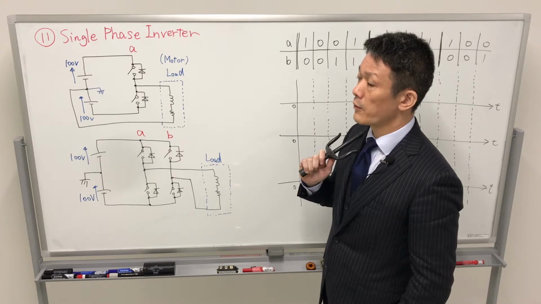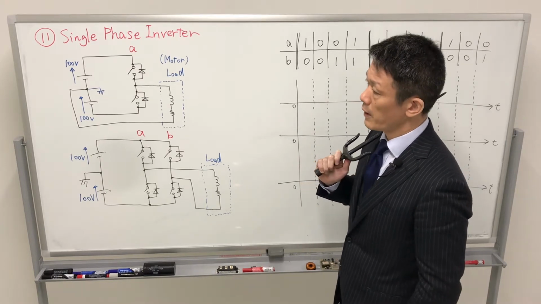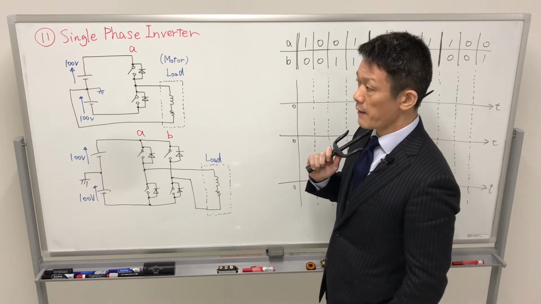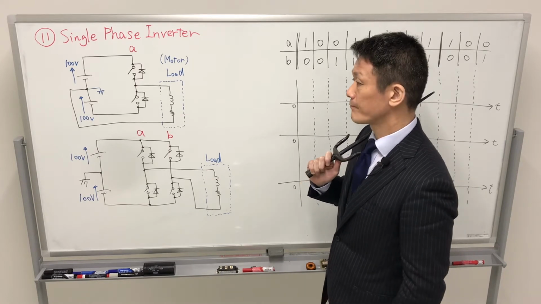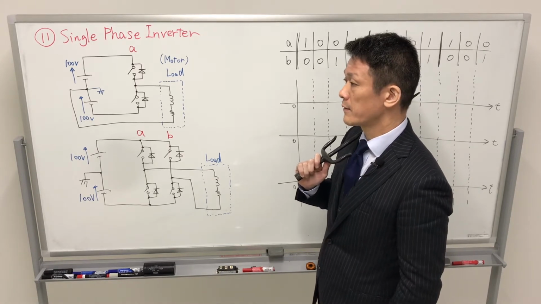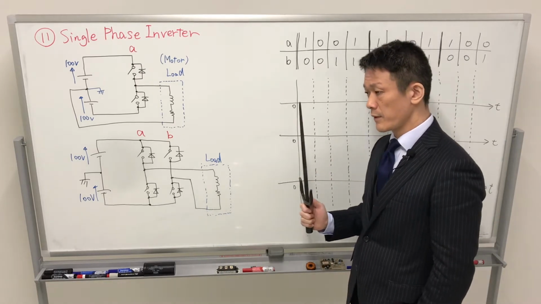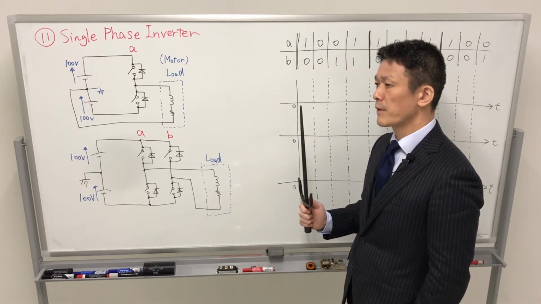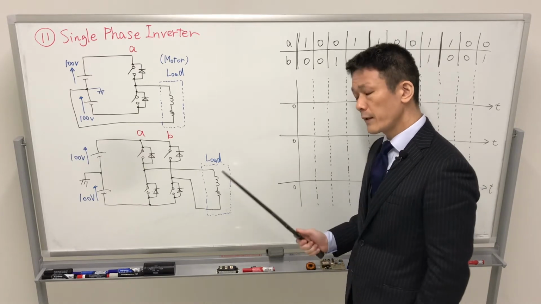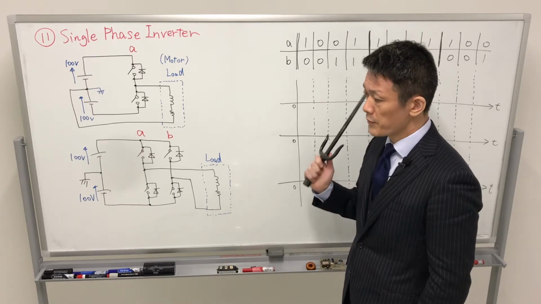From the last lecture, we have discussed the inverter. Before the last lecture, we discussed from 1 to 9, that discussion is the DC-DC converter.